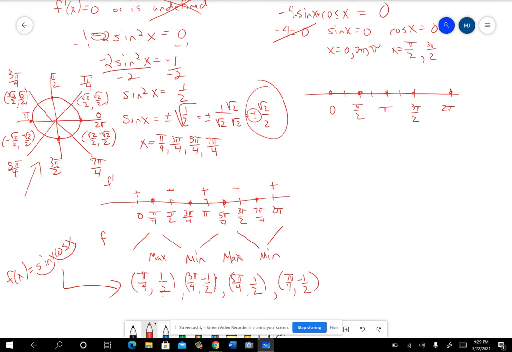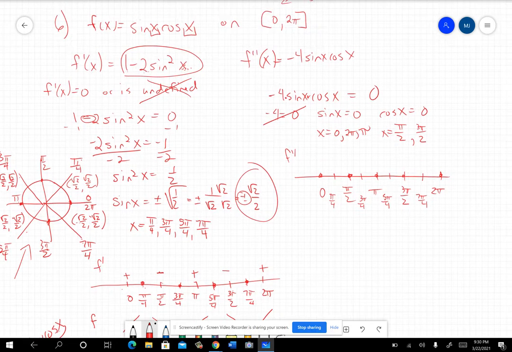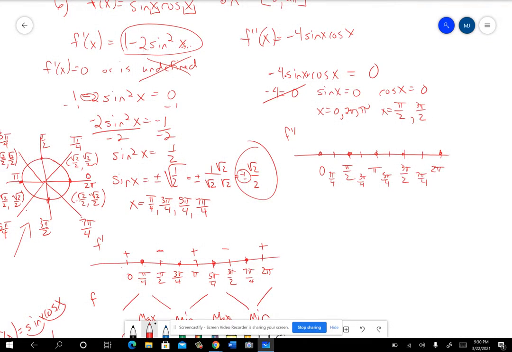So I'm going to do the fourths to check in between. Okay, so if I check in between, that would mean I'm going to think about what happens at pi over 4, and then at 3 pi over 4, these are what my test points are going to be. And then at 5 pi over 4, and then 7 pi over 4. And I'm looking at f double prime, which is the -4 sine x cosine x.